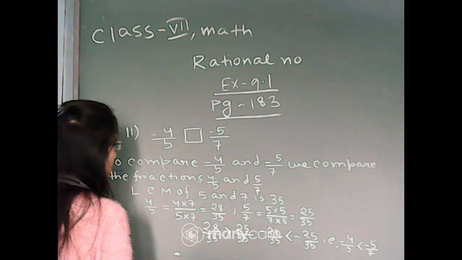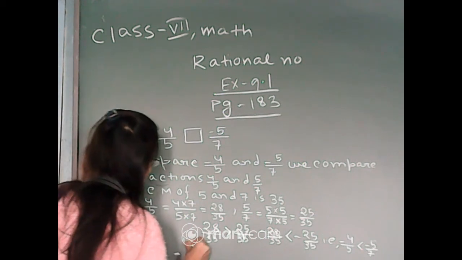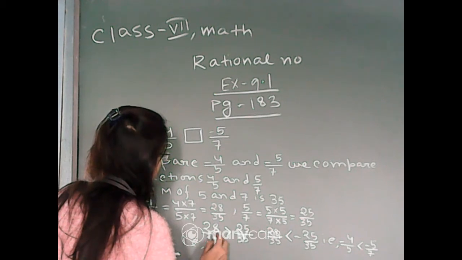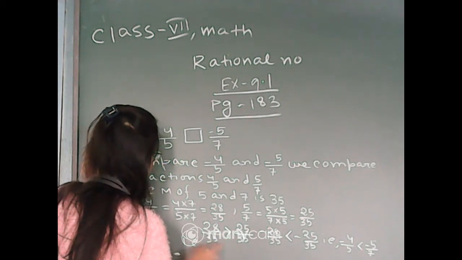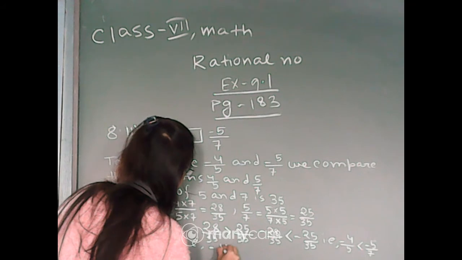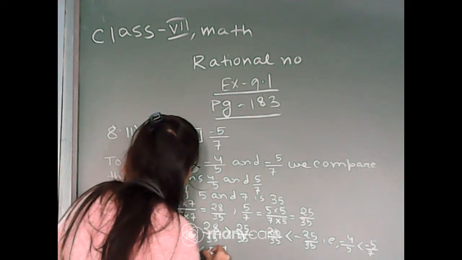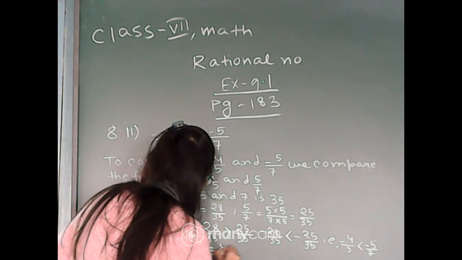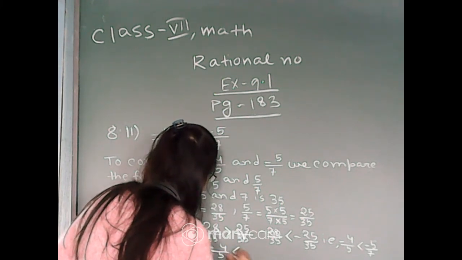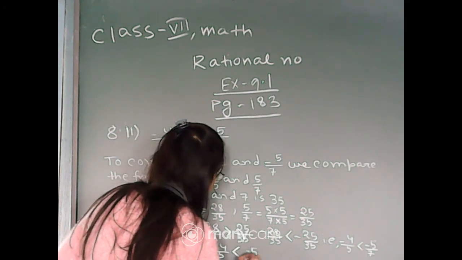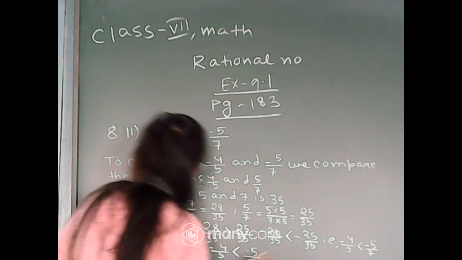Okay, that is, minus 4 by 5 is less than minus 5 divided by 7.